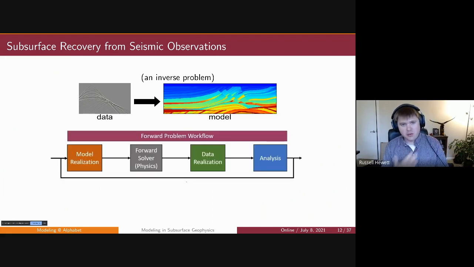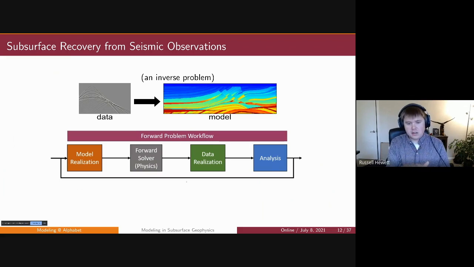If you're not familiar with inverse problems, just establishing terminology: when I'm talking about a forward problem, I'm given the thing on the right, some sort of model realization, and I pump it through a forward solver, which is often related to physics, so maybe a PDE solver. That gives me a realization of potential sample data, which can then be used for analysis and to inform and update.